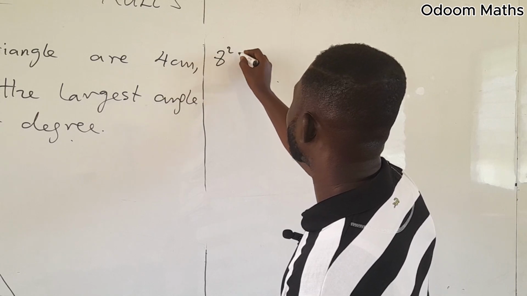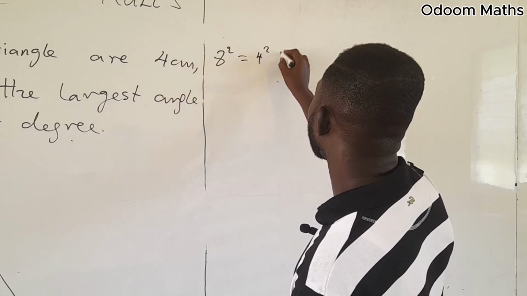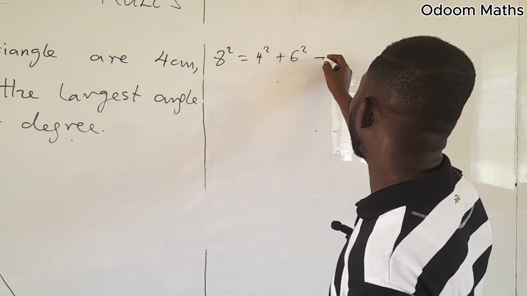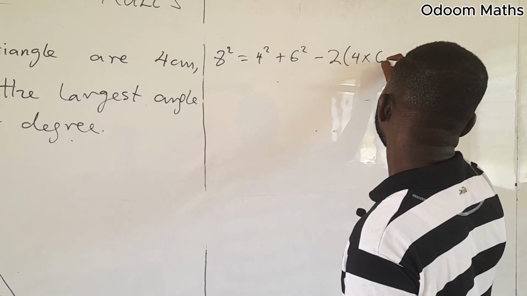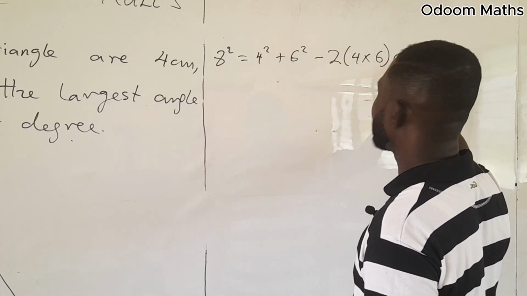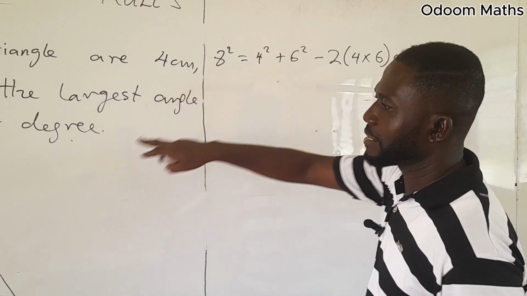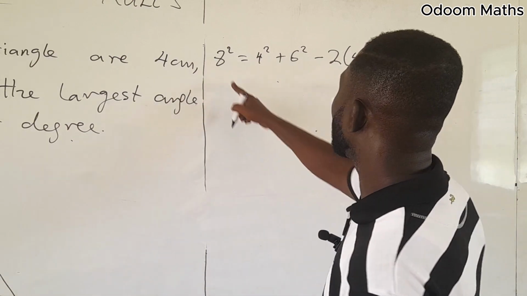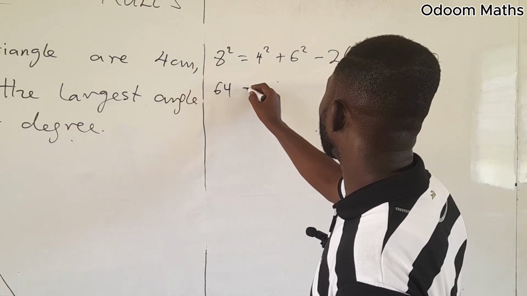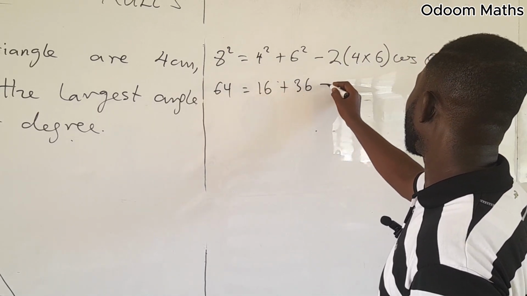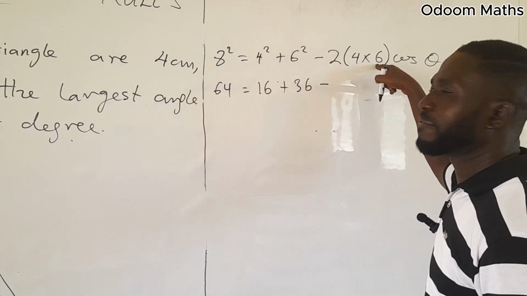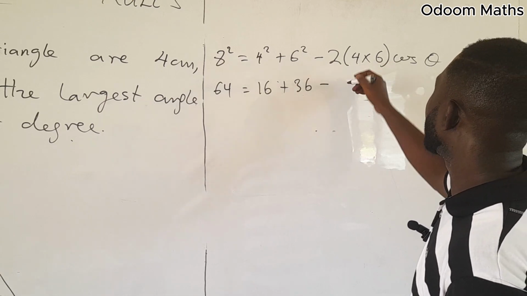So 8 squared is equal to 4 squared plus 6 squared minus 2 in brackets 4 times 6 cos theta, because 8 faces theta. Okay, so 8 squared is 64 equals 4 squared is 16 plus 6 squared is 36 minus 4 times 6 is 24, 24 times 2 is 48.